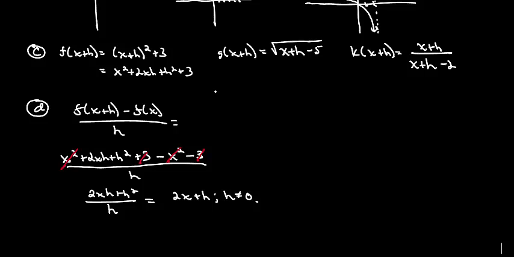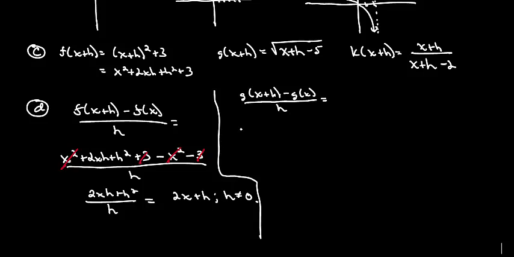Okay, let's split this a little bit here. Let's do the difference quotient for g. So g of x plus h minus g of x all over h. So that'll be the square root of x plus h minus 5 minus the square root of x minus 5 all over h.